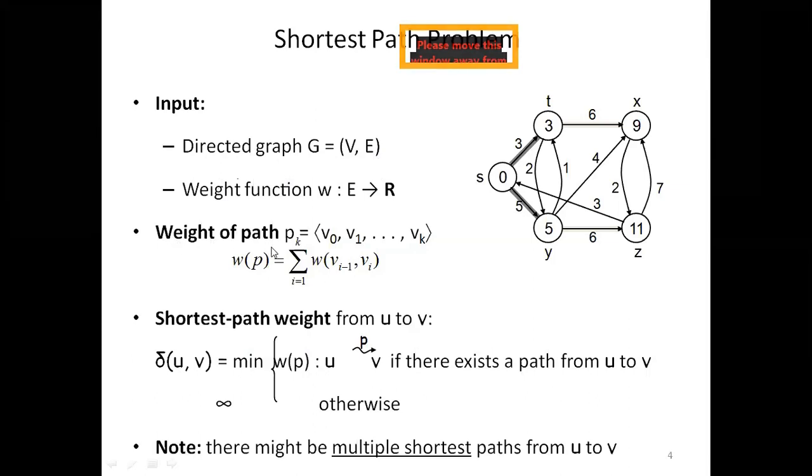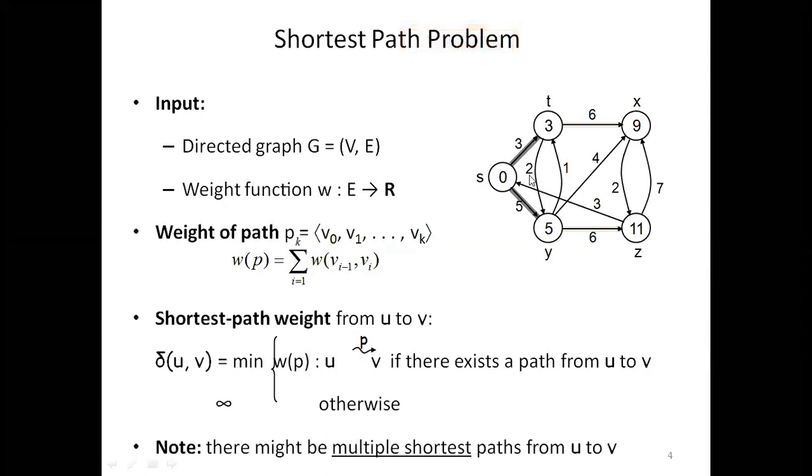Now, weight of a path. First of all, what is a weight function? Weight function means we are giving values on the edges. For example, from vertex 0 to vertex 3 there is an edge, and the weight of that particular edge is 3. Here 3 may be cost or distance in kilometers.